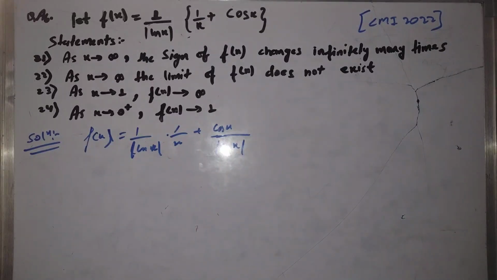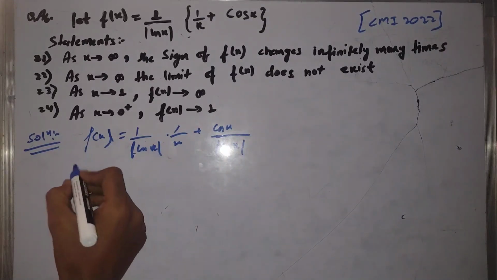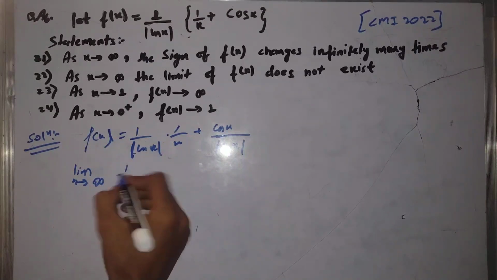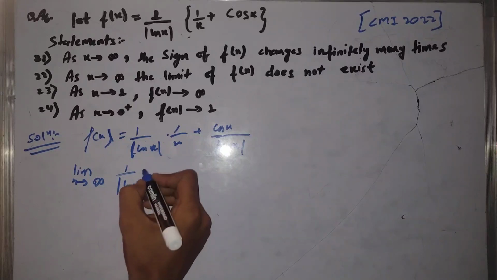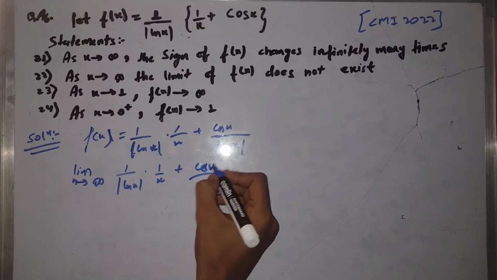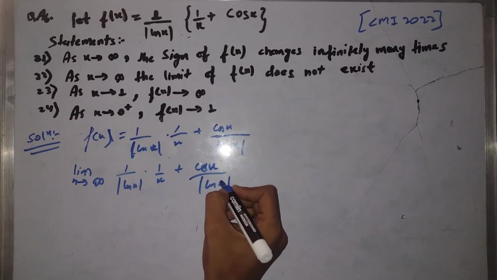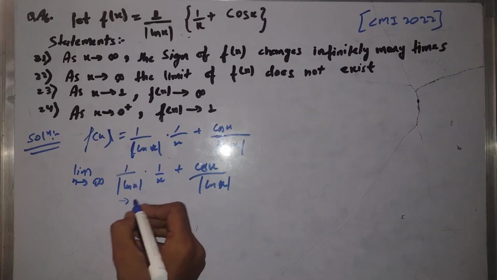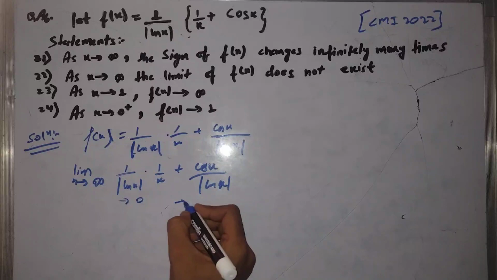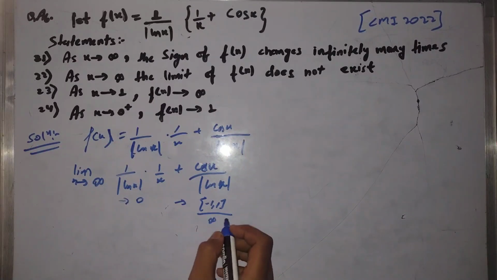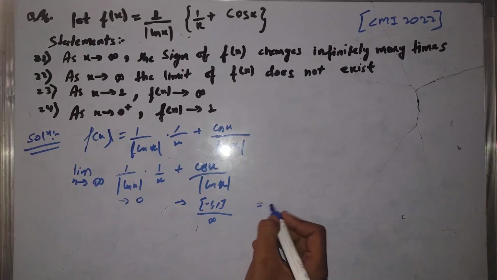At limit x tends to infinity, cos x upon modulus of ln x tends to 0, because the numerator lies between -1 and 1 and the denominator tends to infinity. So effectively the limit is 0.